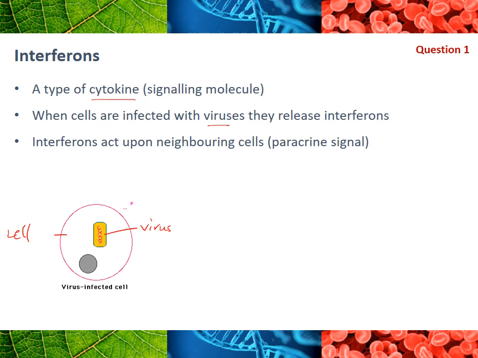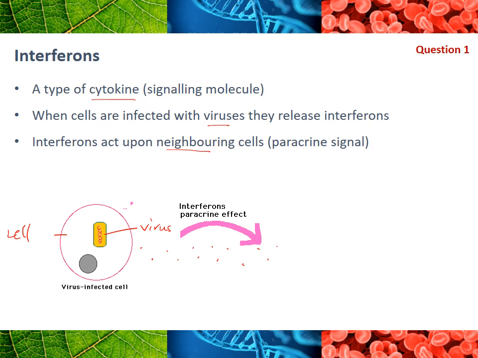Now, the interferons that are released by this cell will be what we call paracrine signals. Now remember we said that signals that act upon themselves, on their own cell, are autocrine, and paracrine signals act upon the cell next to it.